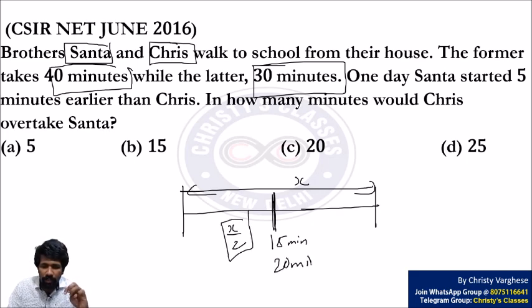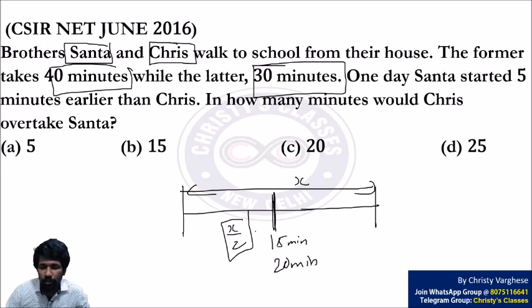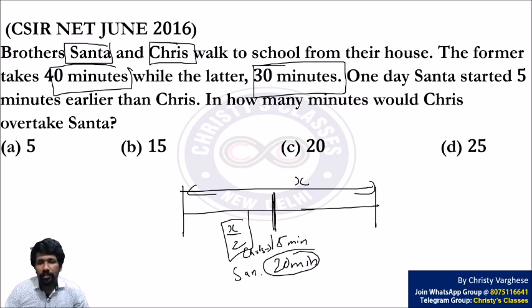Are you understanding? I am fixing the middle point, when they reach the half distance, x by 2. Santa will reach it at 20 minutes. Chris will reach it at 15 minutes. And look at this, one day Santa started 5 minutes early.